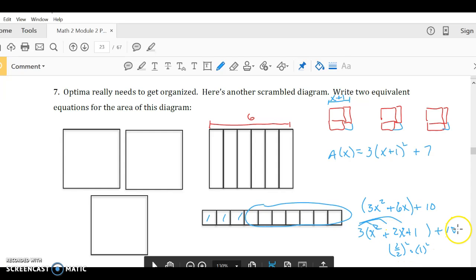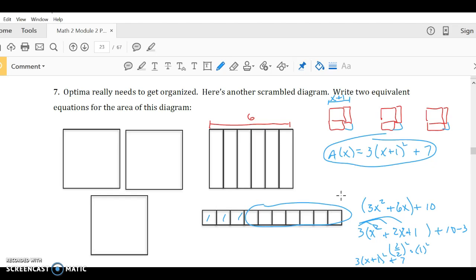I truly added 3, so I have to subtract 3 on the outside here. So this would become 3 times this factors to x plus 1 all squared. Then what is 10 minus 3? Plus 7. So this is the equivalent expression once you complete the square.